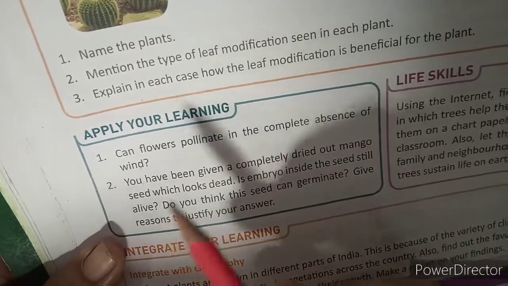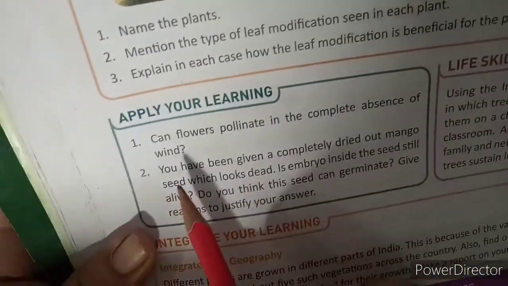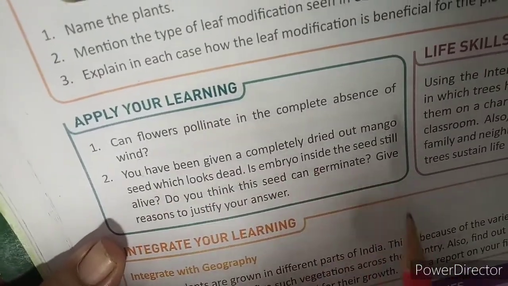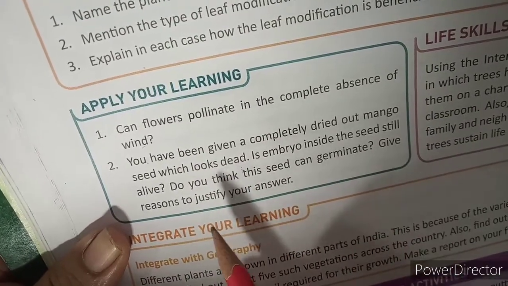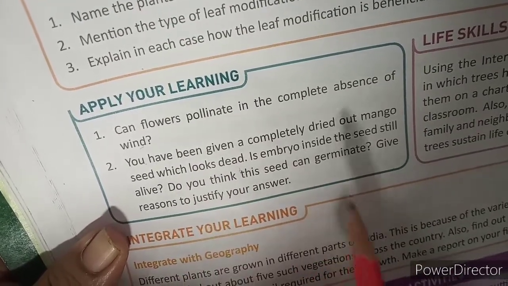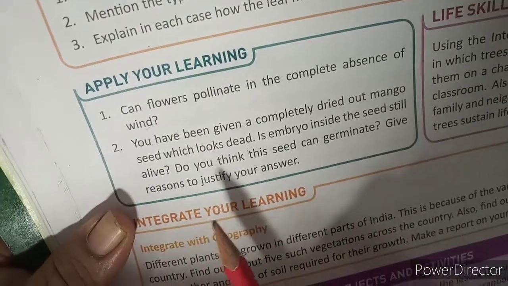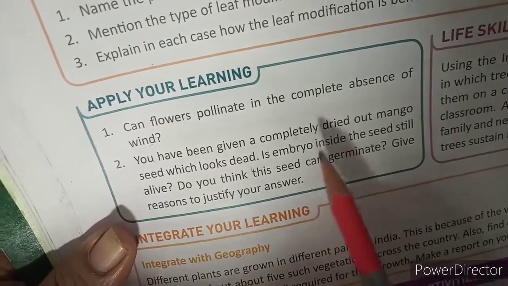It can pollinate. Okay, now you have been given a completely dried out mango seed which looks dead. Is the embryo inside the seed still alive? Do you think this seed can germinate? Give reason to justify your answer. Yes, it is dried up.